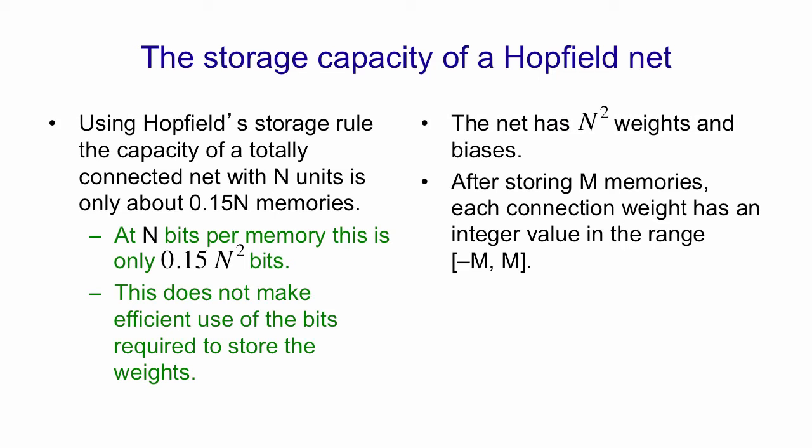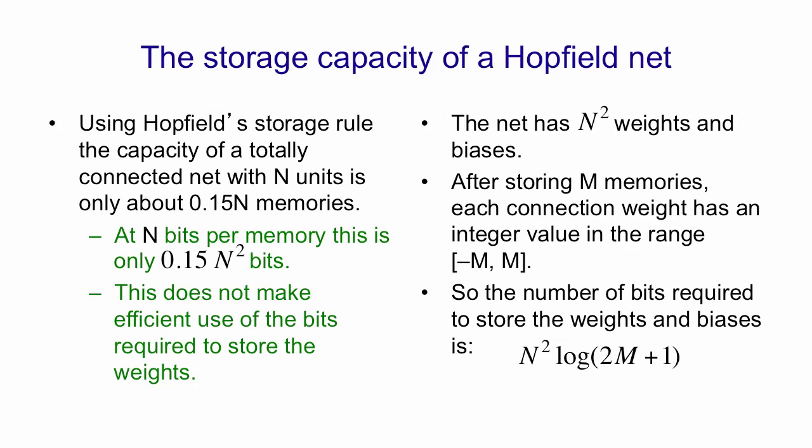But ignoring that, the number of bits it would take us to store a connection weight in the naive way is log 2 of (2m plus 1), because that's the number of alternative connection weights, and that's a log to the base 2. And so the total number of bits of computer memory that we use is of the order of n squared log 2 of (2m plus 1).